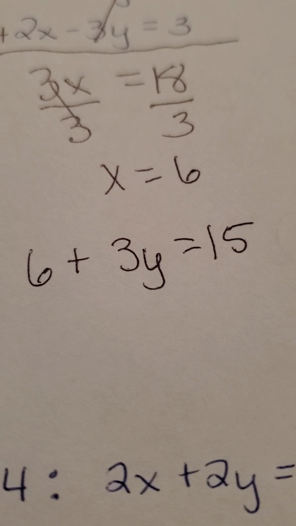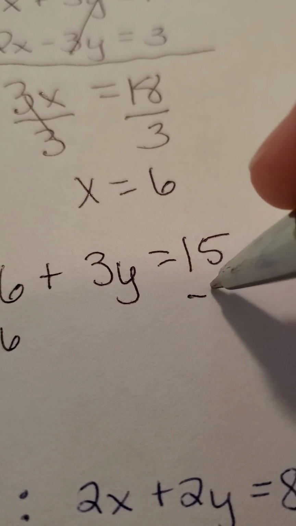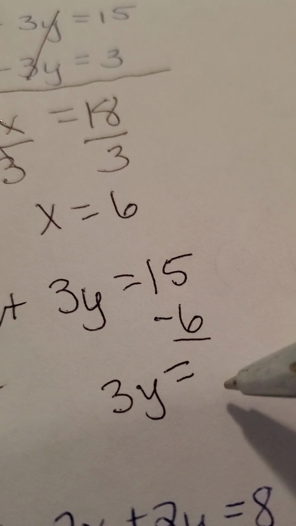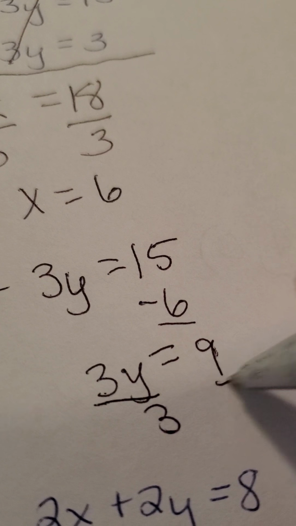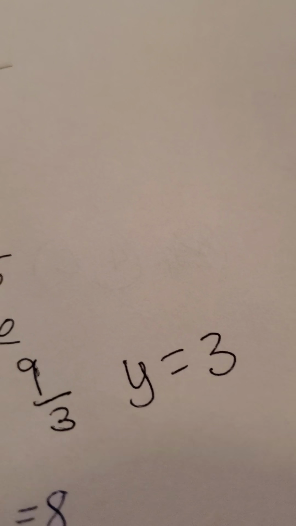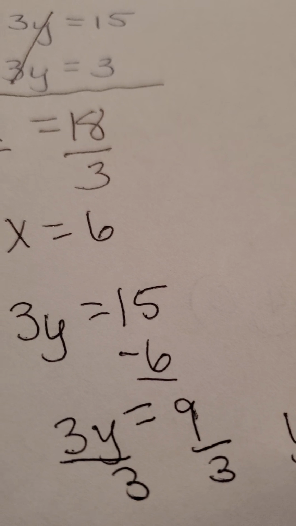Now again, this is a two-stepper to solve, so I'm going to do minus 6, and I get 3y. 15 minus 6 is 9. 9 divided by 3 then is y equals 3. Okay, so there's my answer for y, and I got my answer for x of 6.